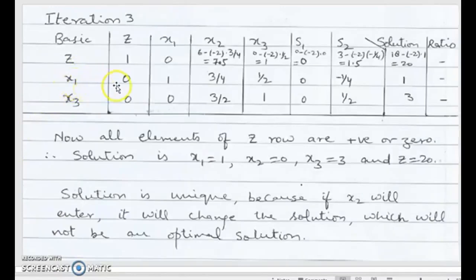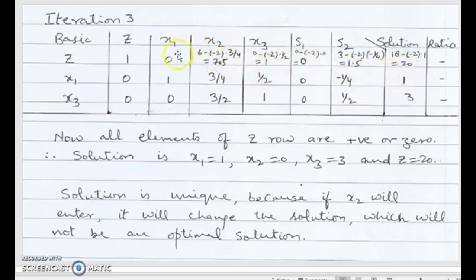Again we do the same calculation: we divide the s1 row by the pivot element and get the x1 row. With the help of the x1 row we will write the z row and x3 row by using the Gauss-Jordan formula, and we get all these values for z: 1, 0, 7.5, 1, 0, 1.5, and the solution is 20.